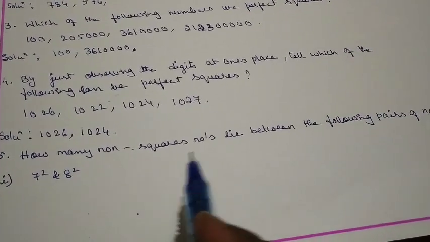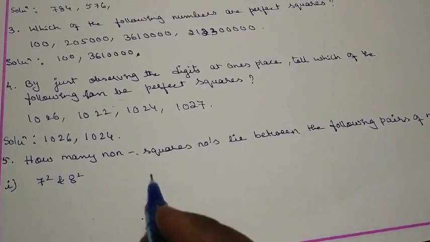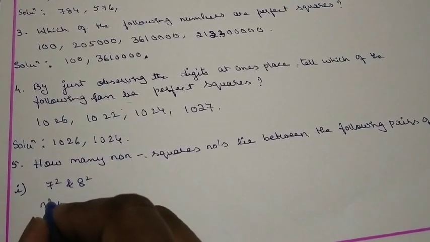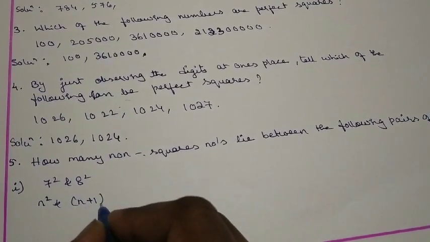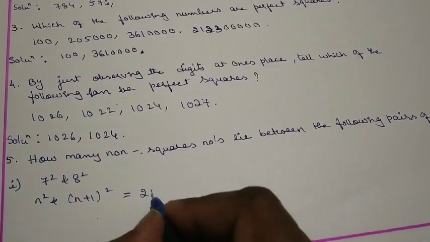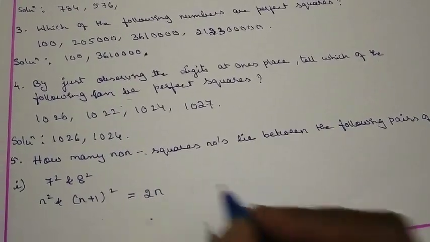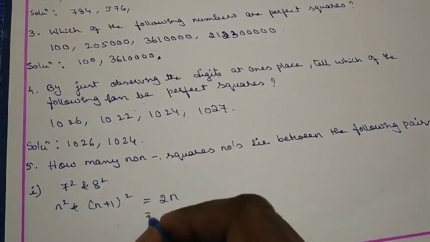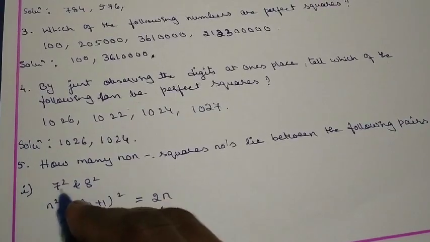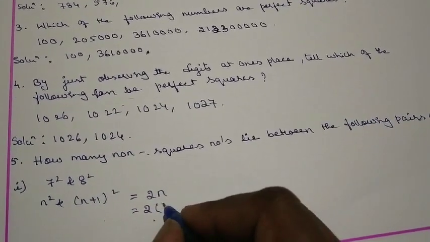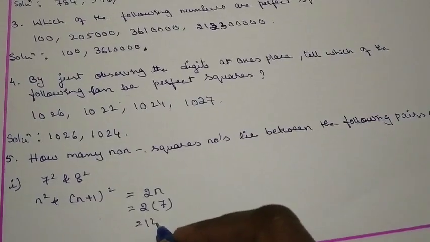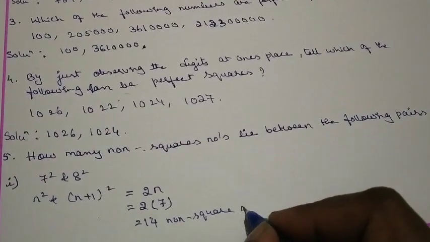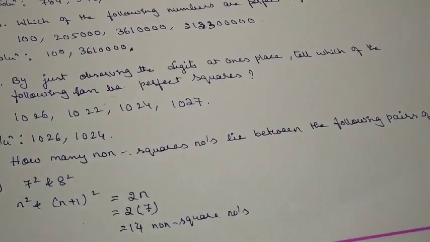To find the number of non-square numbers, we have a formula: between n square and n plus 1 whole square, there are 2n non-square numbers. So 2 into n, where n is the smaller number, 7. So 2 into 7 equals 14 non-square numbers between 7 square and 8 square.